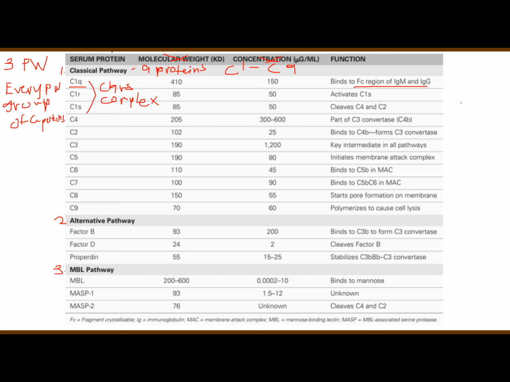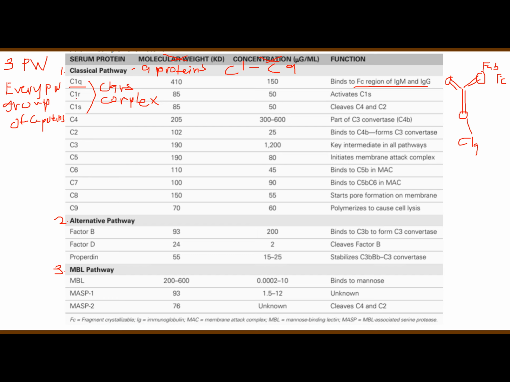Now, if you still remember the appearance of your antibody, they are typically Y-shaped, and they are composed of two parts: the Fab and the Fc regions. Now, the Fab region would be here, and the Fc region would be here. Now, it states here that the C1Q would bind to the Fc region of the IgM and IgG antibody.